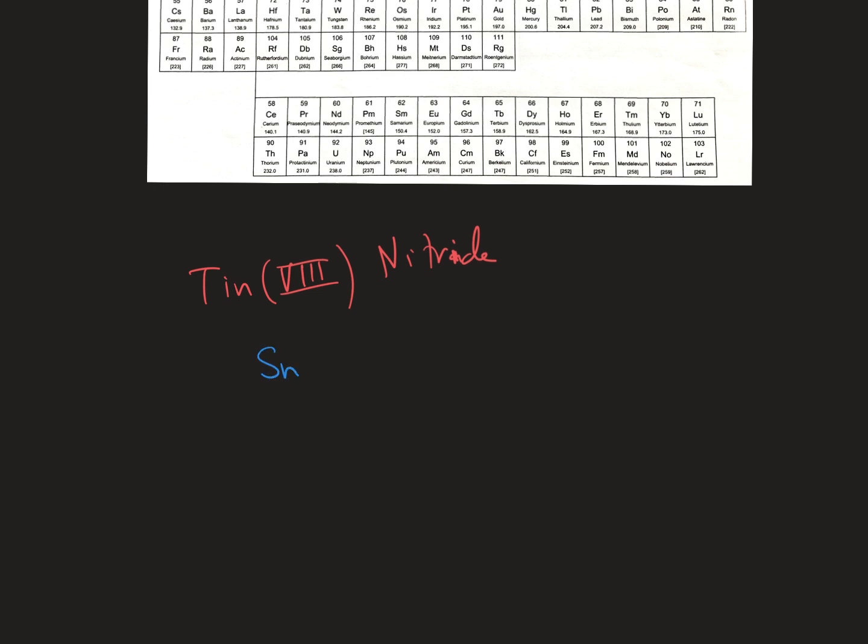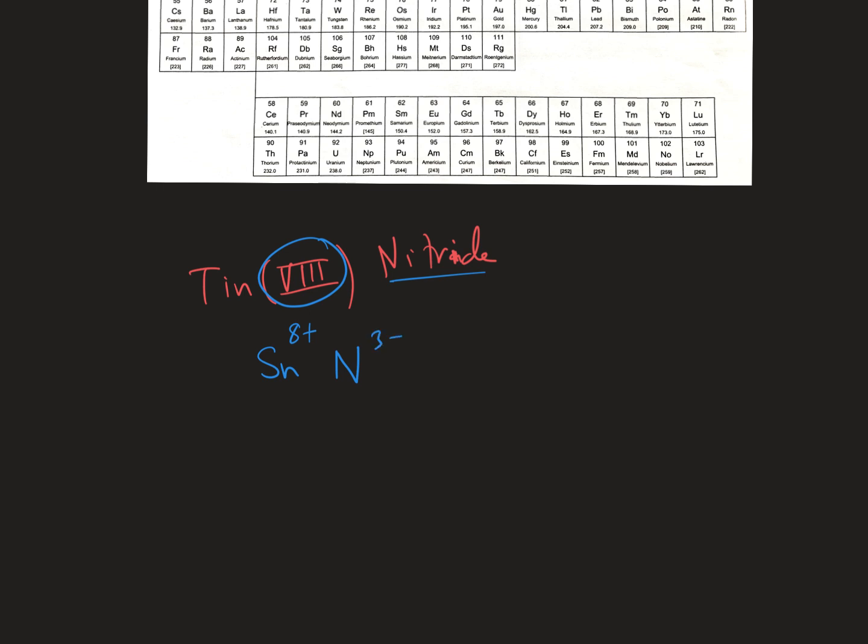We write the ion formula of the cation first, which is Sn8+. You with me? This Roman numeral tells us what the charge is. And nitride is N. What is it? Look at the periodic table. 3 minus.